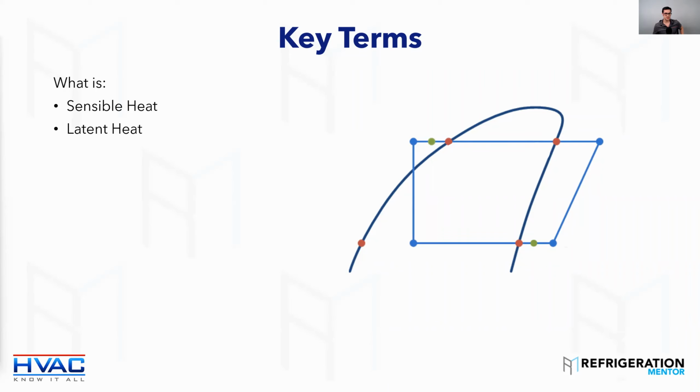Constant temperature, change of state. Well, there we go, we're getting there. Change of state. What do you think, Gary? Well, when we're dealing with latent heat in the summer, if you've got a large latent heat load, your AC is going to tackle that load before it starts to drop the temperature in the space. Let's say the space is 75, but you have a large latent heat load.